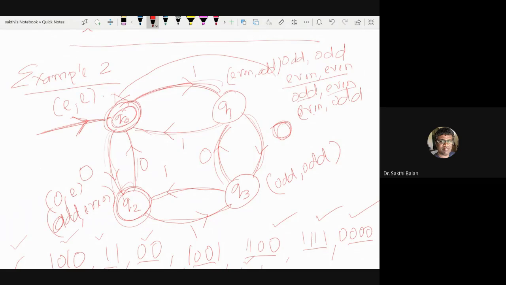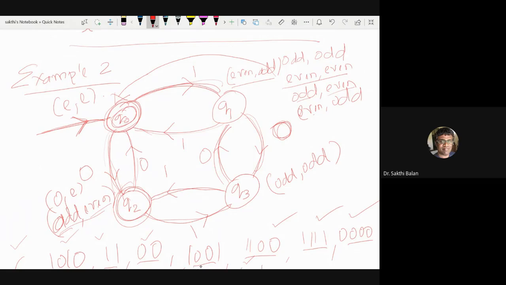That is even, right? So 0 ones and 0 zeros is even. That is what it is, even-even. And once you read a 1, the number of 1s becomes odd, and the number of 0s is still even. So that is why we are going to even-odd. Likewise, if I read a 0, it means it has read an odd number of zeros and still an even number of ones. So that is why we are going to odd-even.